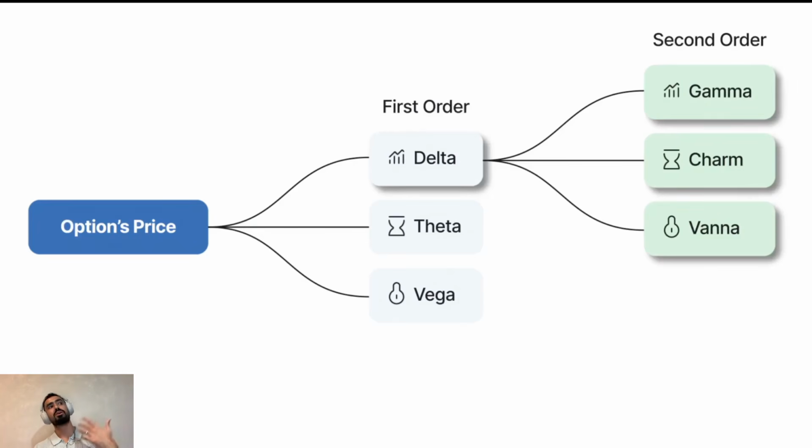So like we said, first order Greeks, delta, theta, vega, these show you how the option price is changing, right? Second order Greek, we're only focusing on the delta here. Gamma, charm, and vanna, there are other second order Greeks, but these are the most important within a trading session because these are the most dynamic things that change. The underlying price goes up and down, time to expiration with the 0DTE options, we're going to see is very important.